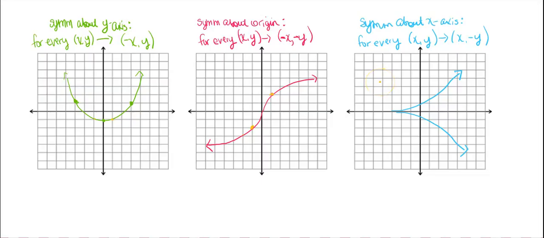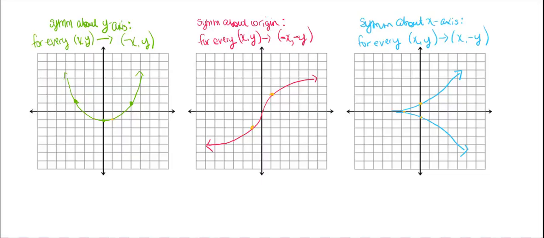Now let's look at a graph that's symmetric about the x-axis, or symmetric with respect to the x-axis. Here, I can see that this blue thing is not a function. It does not pass the vertical line test, does it? Nope. But it is still symmetric about the x-axis. That means for every x, y point I have here, I'm going to have an x, negative y. So let's say this was the point 0, 1.